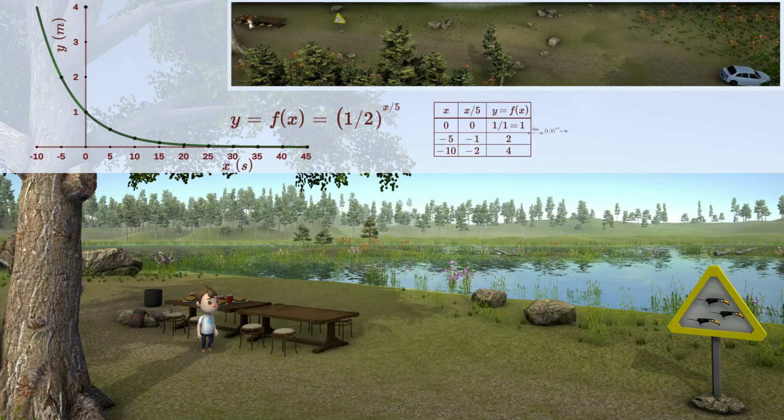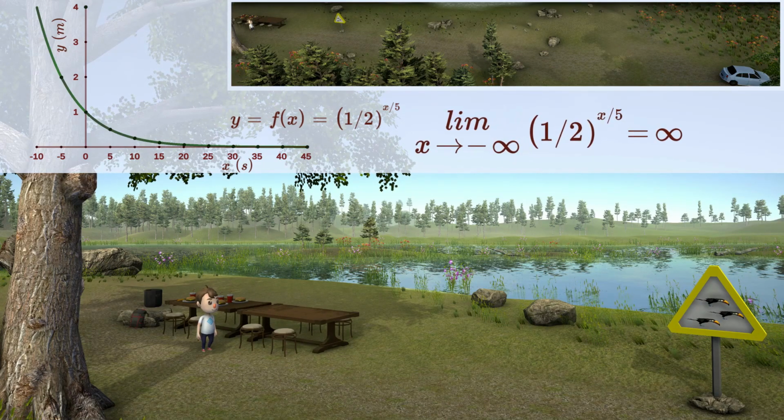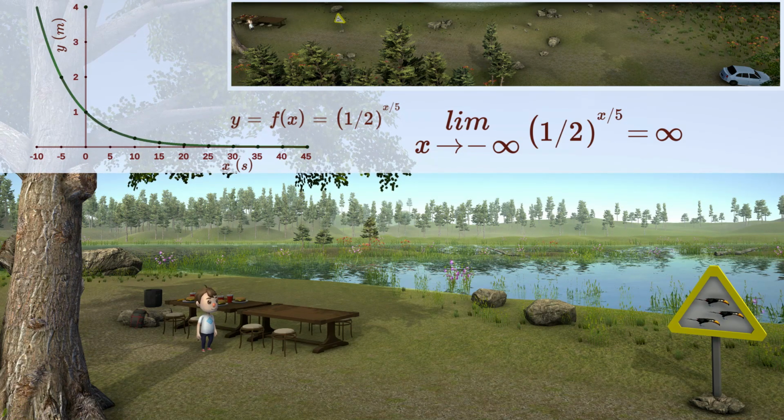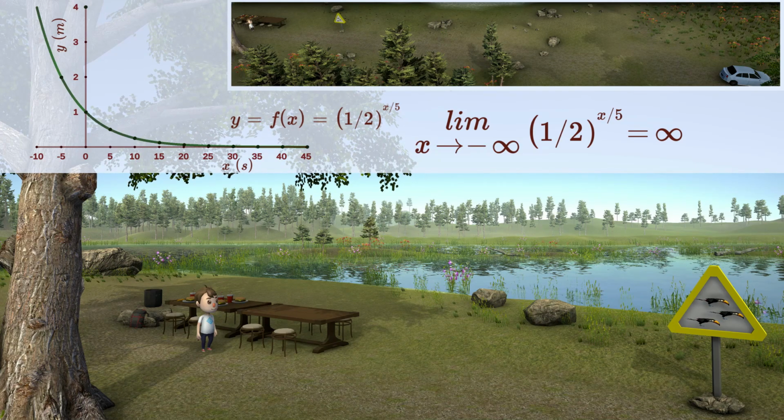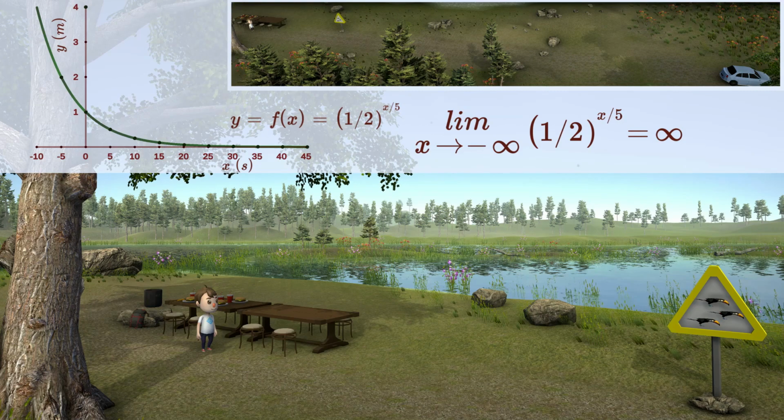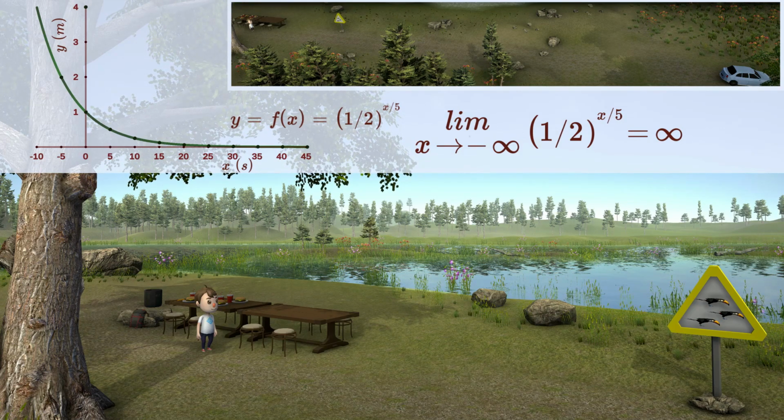Of course, this corresponds to the original function over which the limit is taken, namely half to the power of a fifth of x. This distance is clearly increasing drastically as x moves to the left, and as we allow x to keep moving to the left, we can say that the limit of the function as x tends to minus infinity equals infinity. And that's the basic idea of limits.